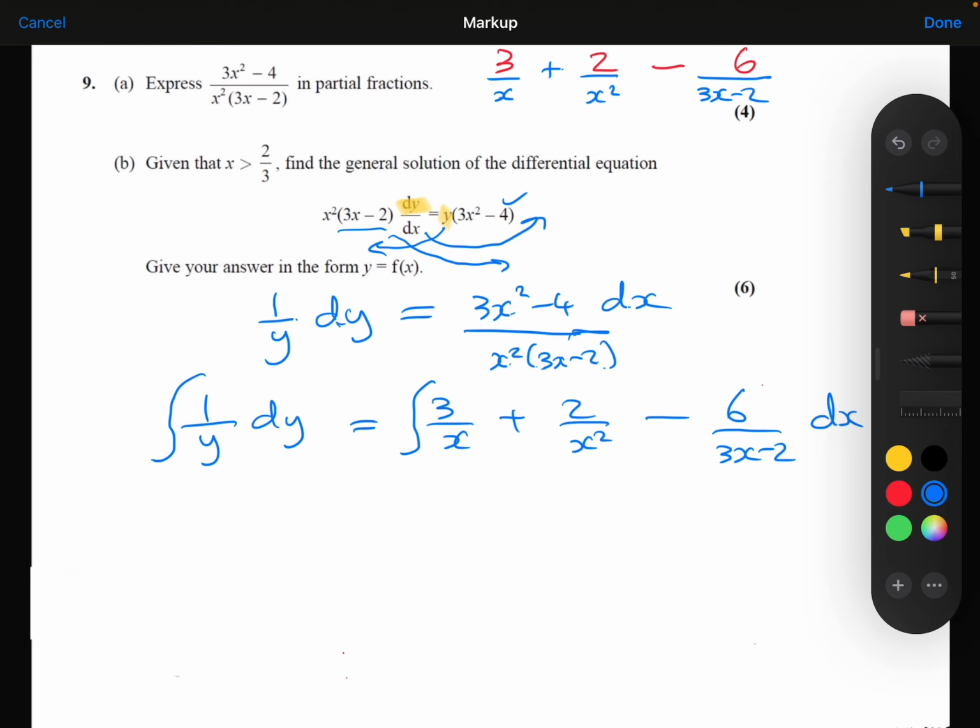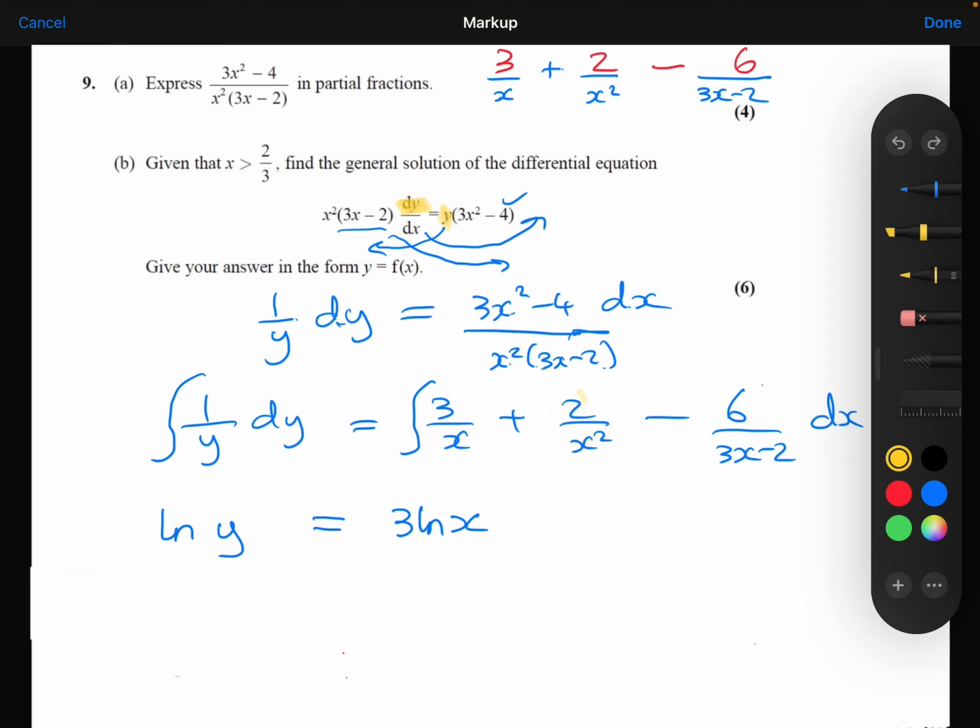Right, the 1 over y, that's going to integrate easily to be ln y. The 3 over x is going to integrate to be 3 ln x. The 2 over x squared function, I need to rewrite that with a power.